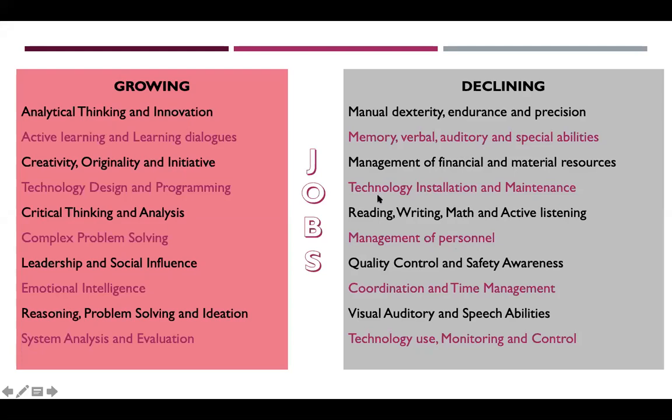So in as much as we are in this dispensation, let's think about helping our children to think critically. So if the child would like to do technology installation and maintenance, can we help them think about technology design and programming, for instance? Because that is where we are growing towards. That is where the children that we have in our homes are moving towards.